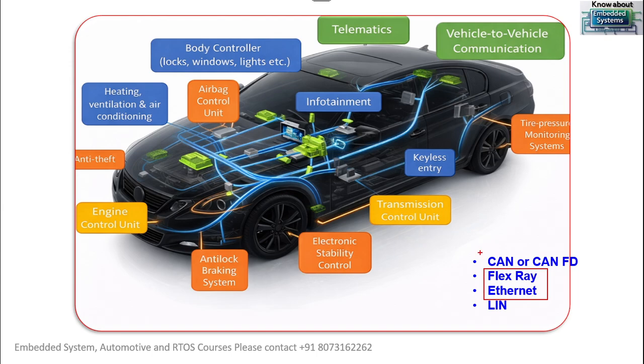CAN, even though it is costly, is not as costly as FlexRay and Ethernet. So it is cheaper than the other protocols. That is one reason why we have to use CAN in the automotive industry.